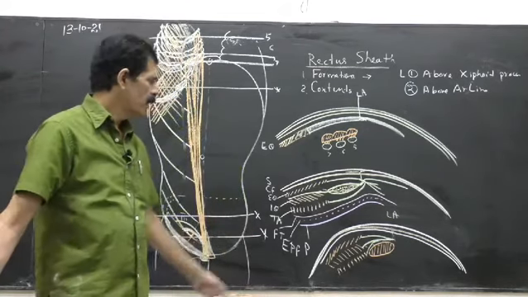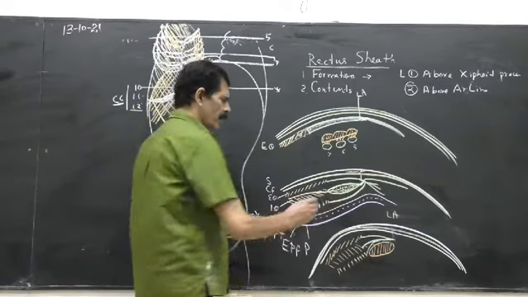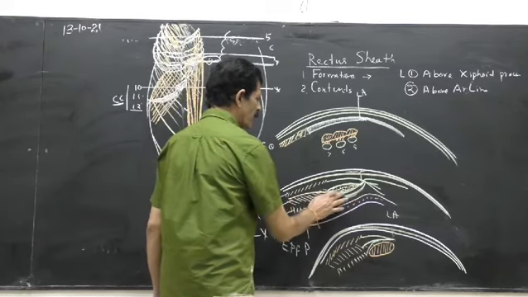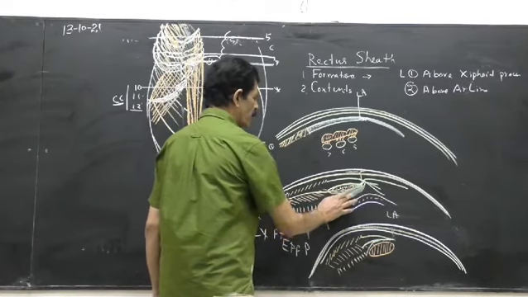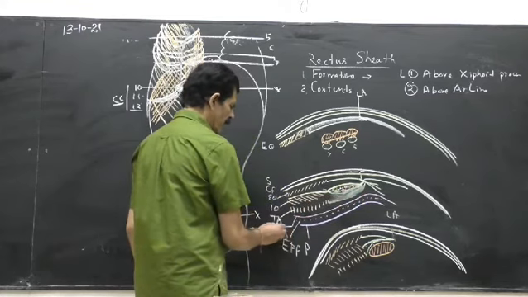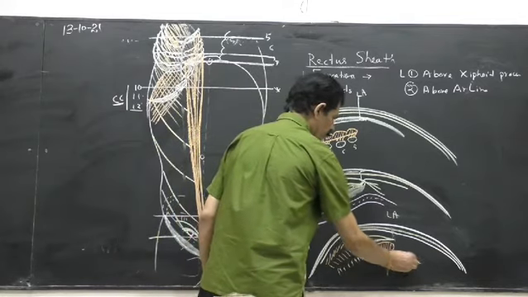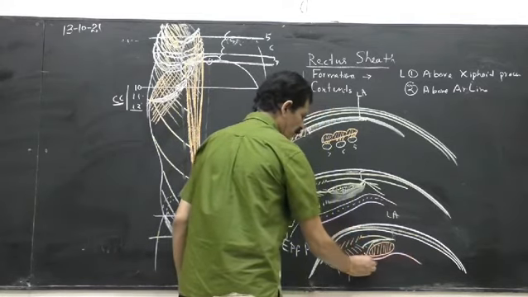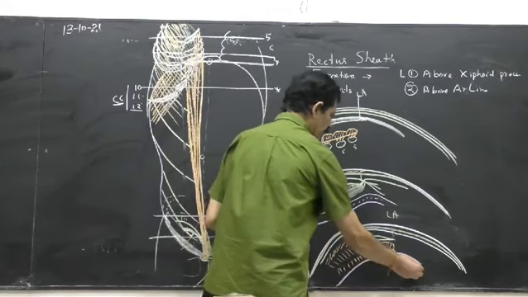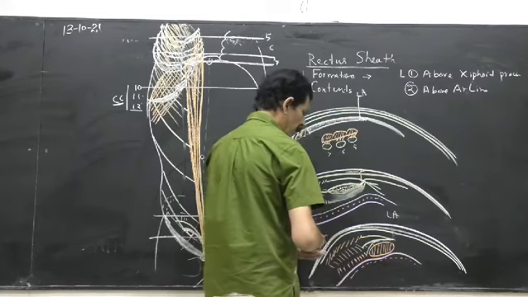Then where is the rectus abdominis muscle resting? On the fascia transversalis. So the muscle is resting on the fascia transversalis. The rest of the layers, that is the extraperitoneal fat and peritoneum, you have to make.